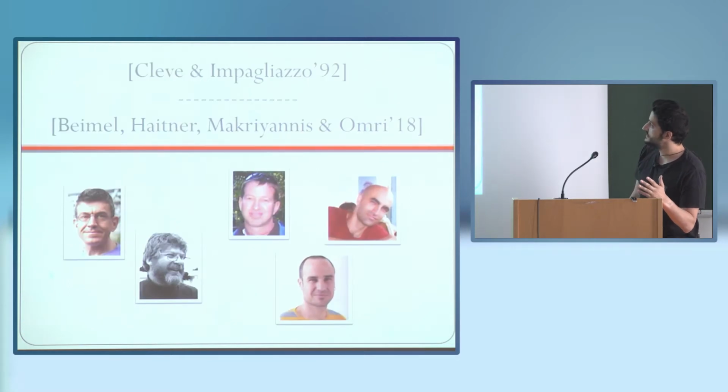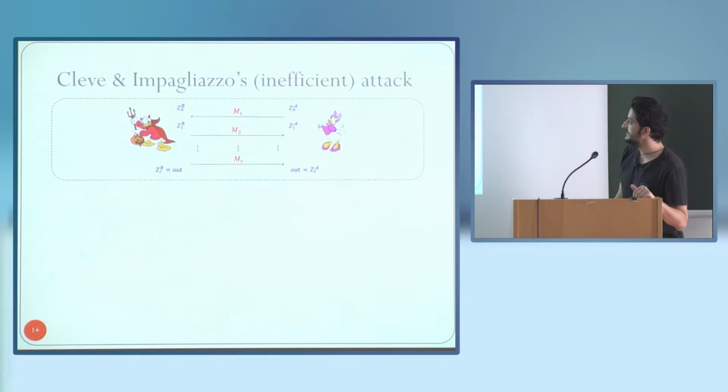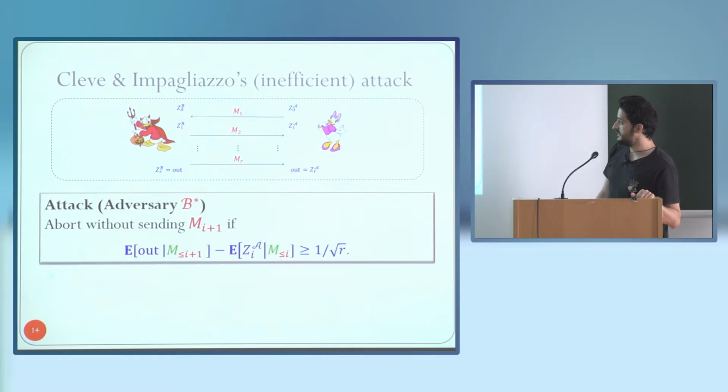Okay, so now let's look at our attacks. Good, so let's start with Cleve-Impagliazzo's inefficient attack. The attack goes something like this. We're assuming that the adversary is party B. And the adversary is instructed to abort without sending message i+1 if he detects a gap between the following quantities.